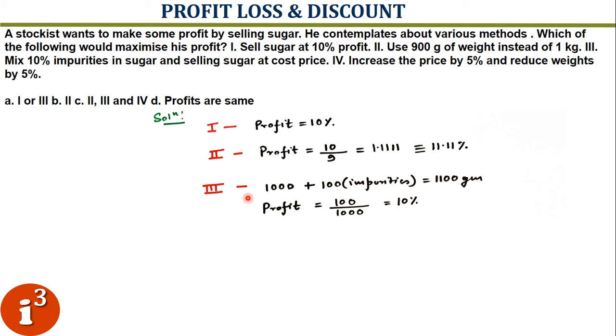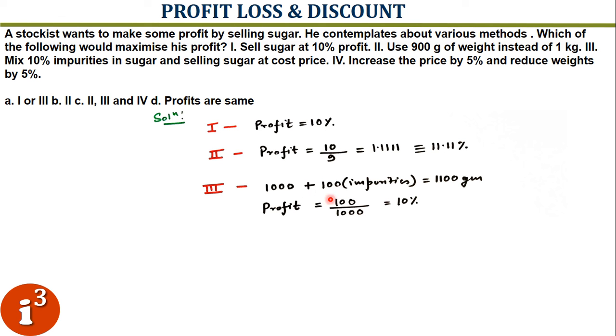In the third method, what he does is mix 10% impurities in sugar and sell sugar at the cost price. So for 1000 gram, if he mixes 10% impurities, that means 100 gram, so he is giving away 1100 gram. The denominator will be the cost price, that is what he is actually leaving his shop with: 1000 gram of his sugar.